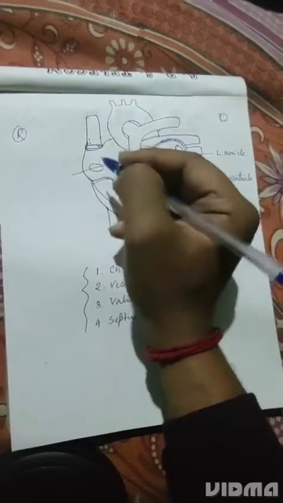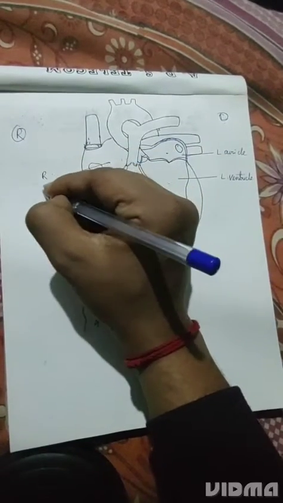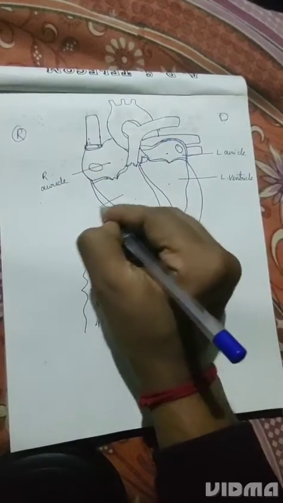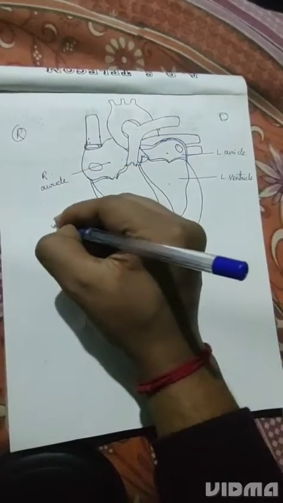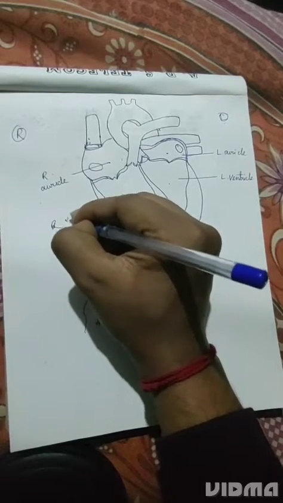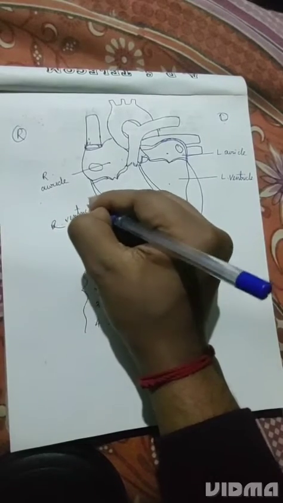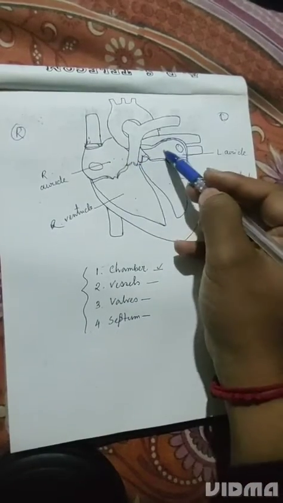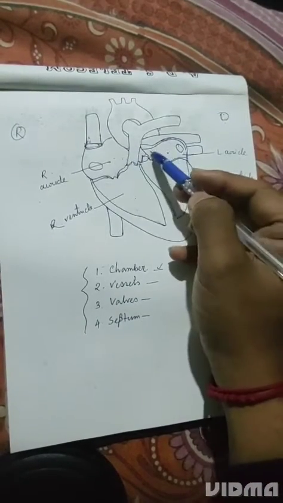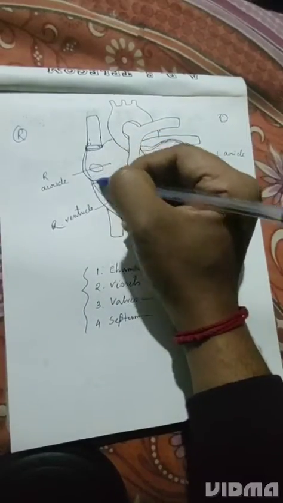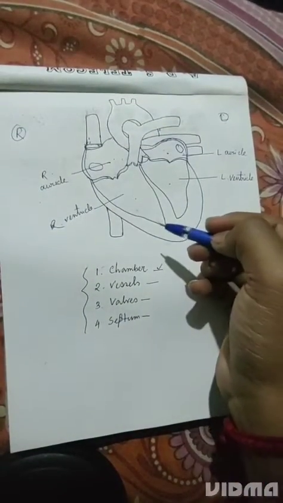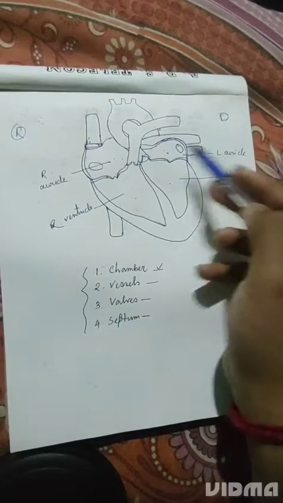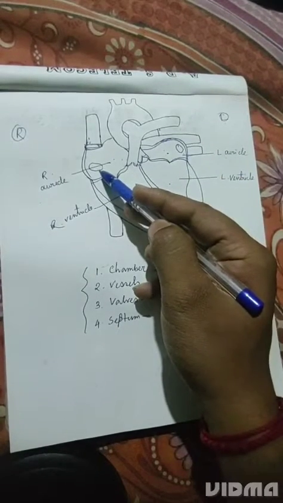Similarly, on the opposite side, right auricle and right ventricle. Okay, so the upper smaller chambers are called the auricles. The left side is left auricle and the right side is right auricle.